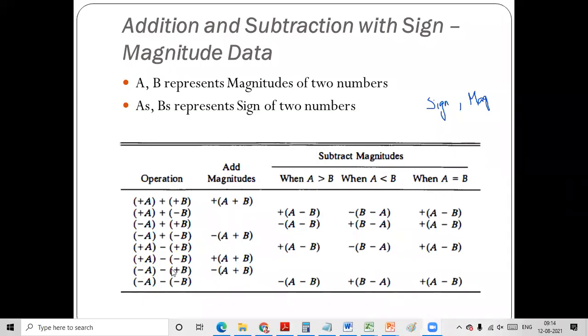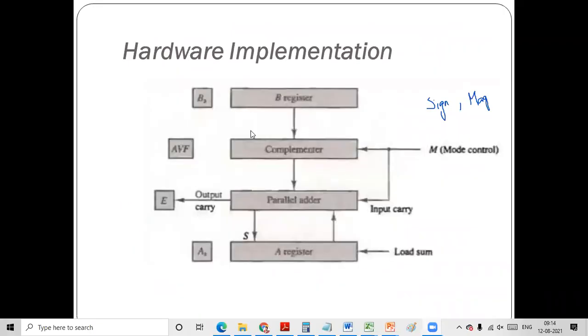Okay, so by considering this, we have developed an algorithm, and it is concluded that the hardware requirements are 2 registers with the names A and B of n-1 width, and 1 bit flip-flops for storing the signs of the 2 numbers, first number and second number.